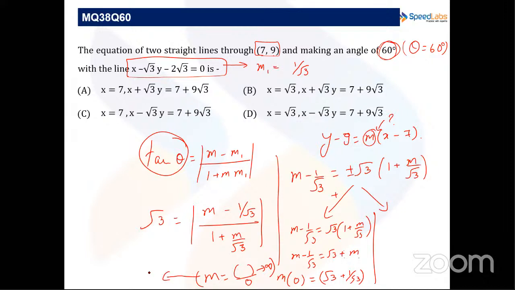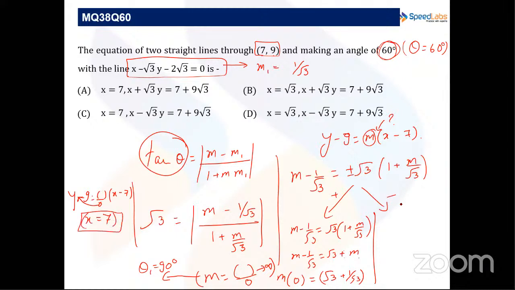So our slope will be something upon 0, or we can say the angle theta 1 will be 90 degrees. So the equation will be y minus 9 equals some value by 0 into x minus 7. The 0 will come out this side and it will be x equals 7.